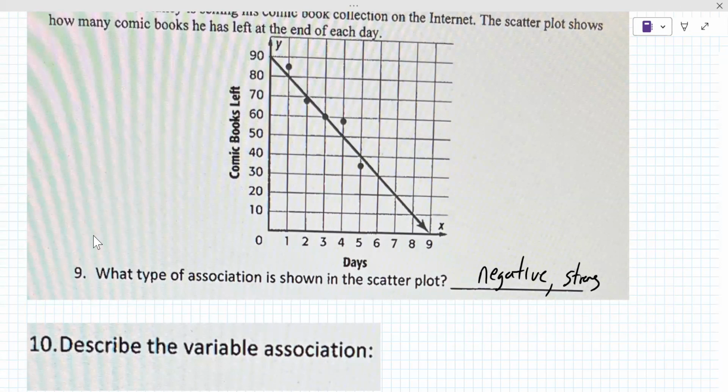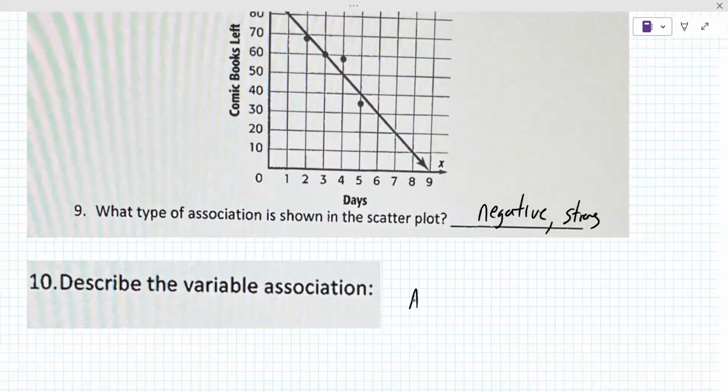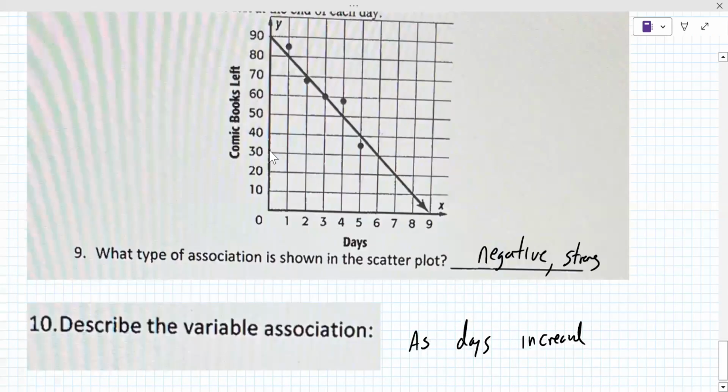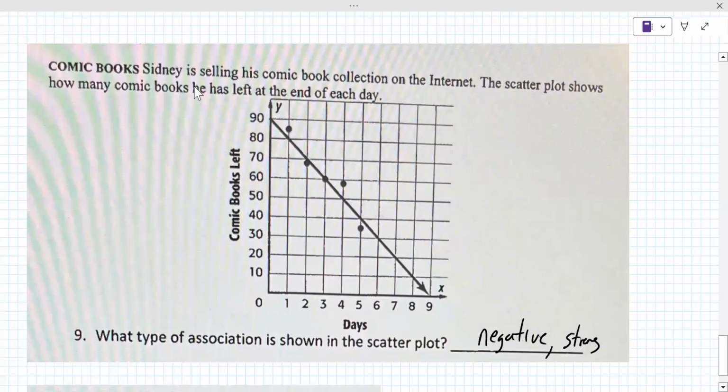As the number of days increases, the total supply of books decreases. Maybe be a little more specific, say the comic books, and it does say that he's selling them, so sold might be a little better.